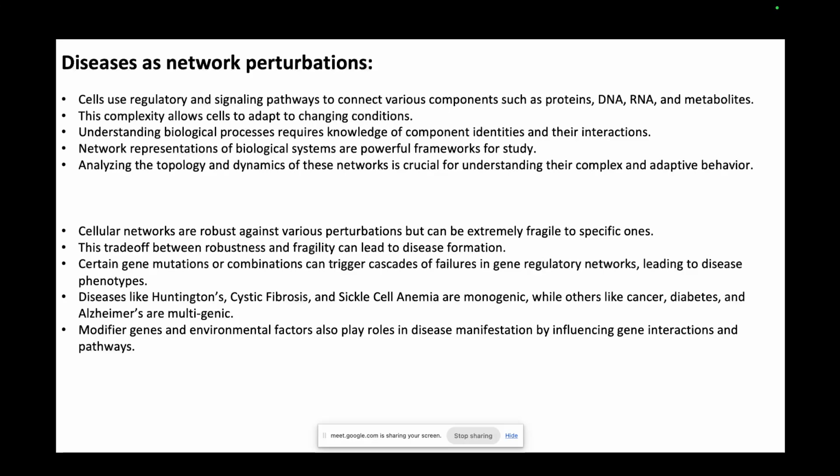But one thing to remember, if you remember from the first session, I talked about biological systems being very robust. So you'll have very few nodes where, if you just perturb that node, everything will go back to normal, or everything will fall apart.